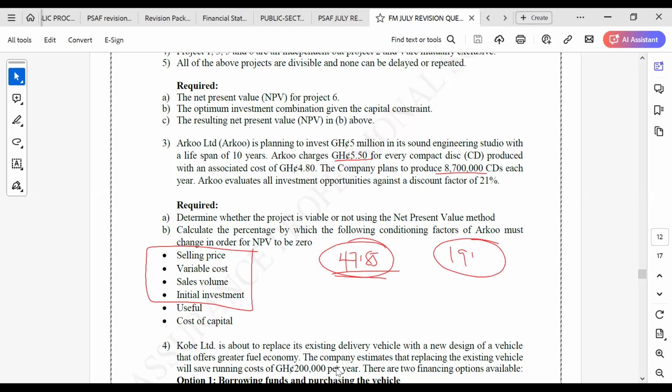What we are trying to do is find what percentage of the sales is giving us the NPV of 19.69. What is the percentage of the sales that is giving us that particular NPV? It is 41%.